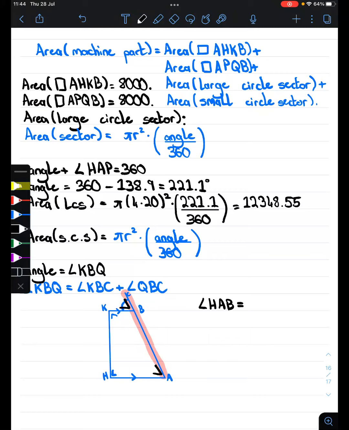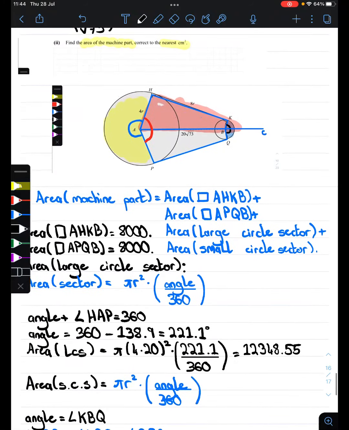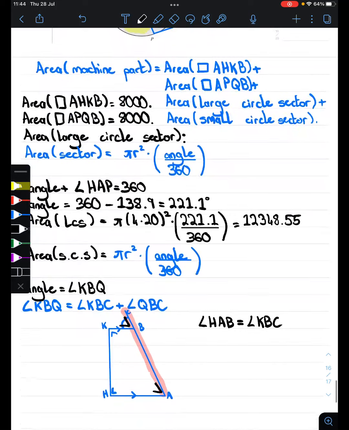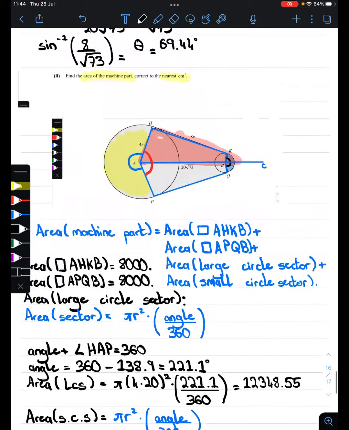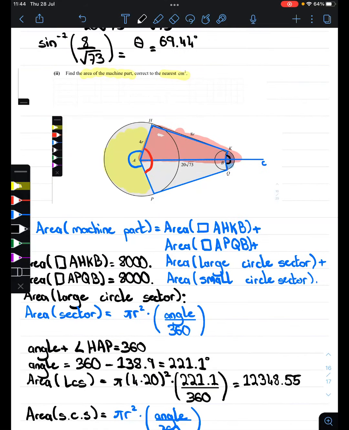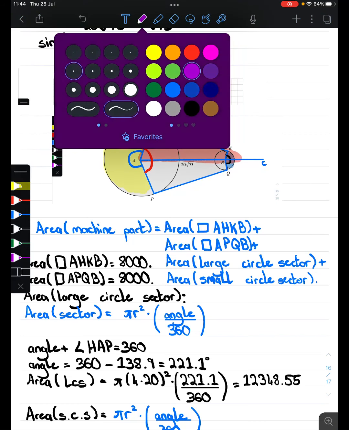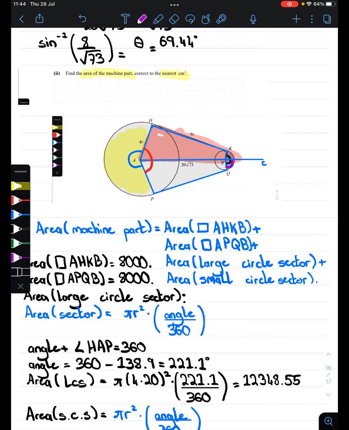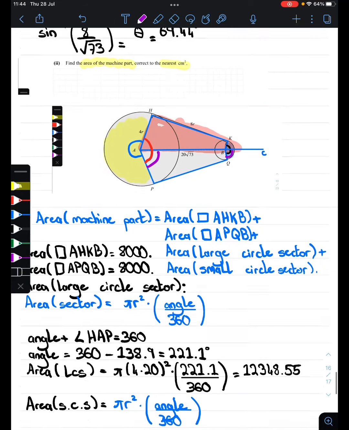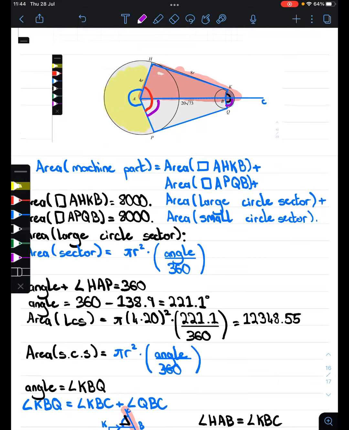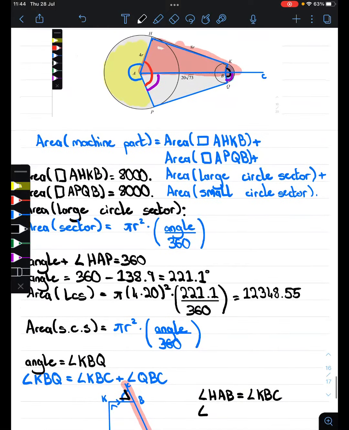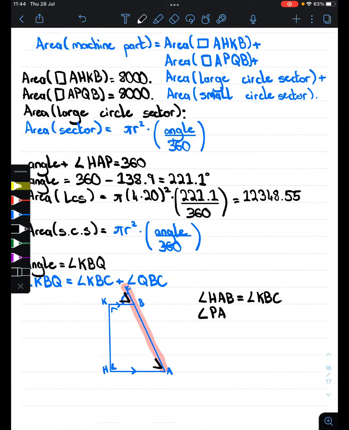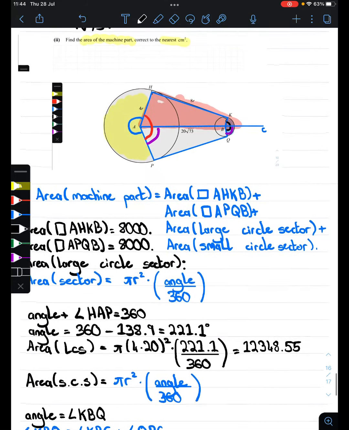So now we've seen that angle HAB equals KBC. In the same way, QBC is equal to PAB, because remember, these two shapes are the same. So PAB equals QBC.